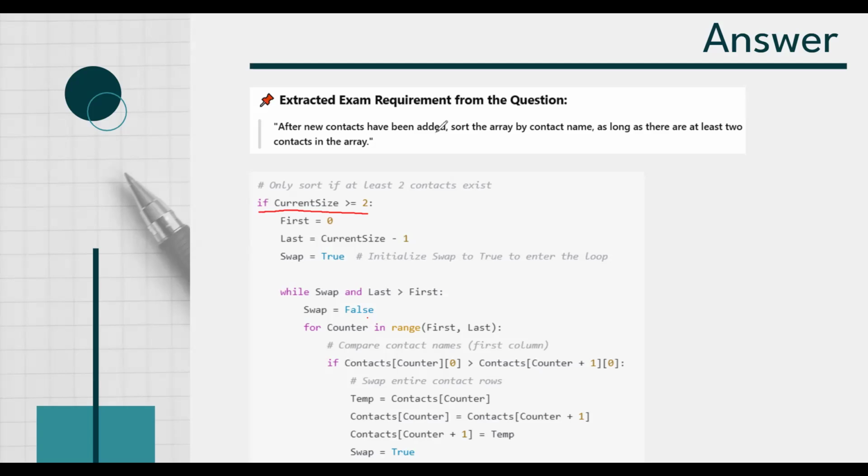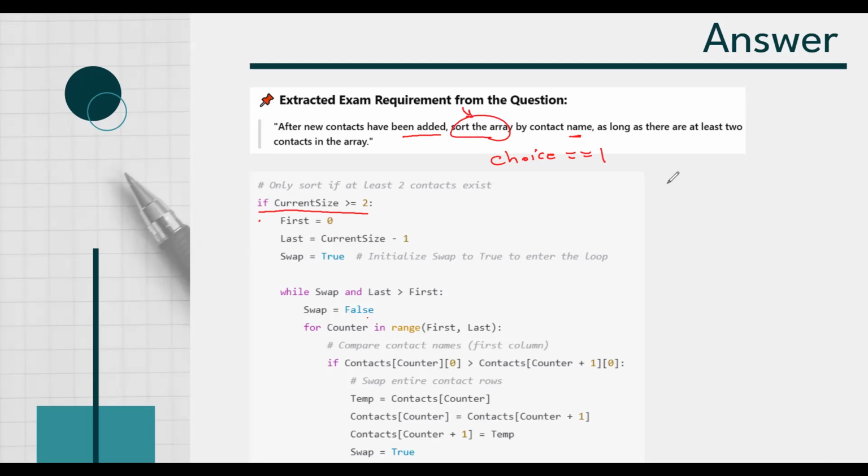After new contexts have been added, which means under the choice equal 1, we need to put that code, okay? So we sort the array. This is a sorting algorithm by contact name.